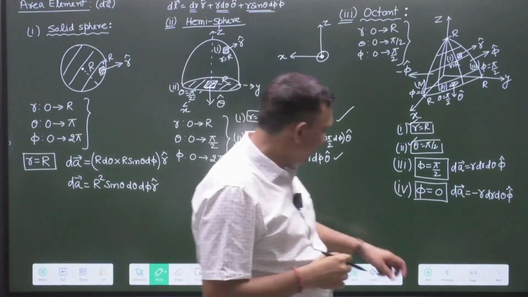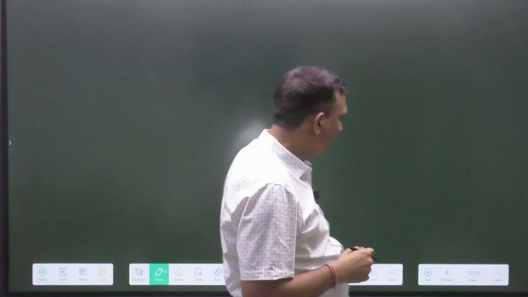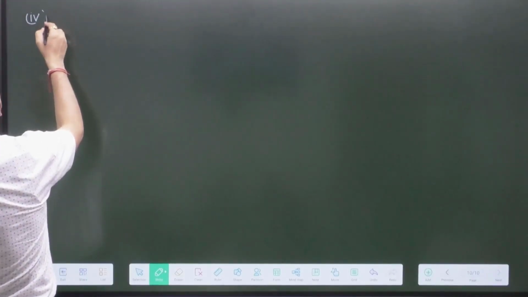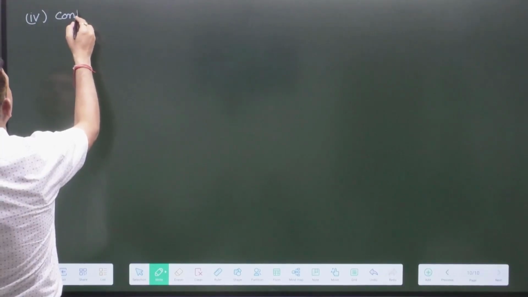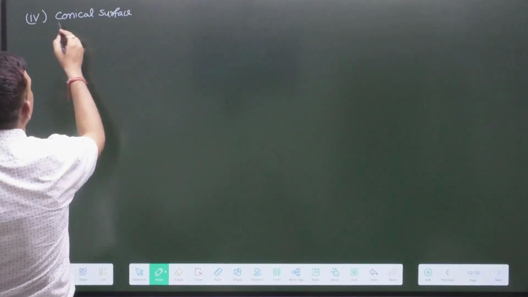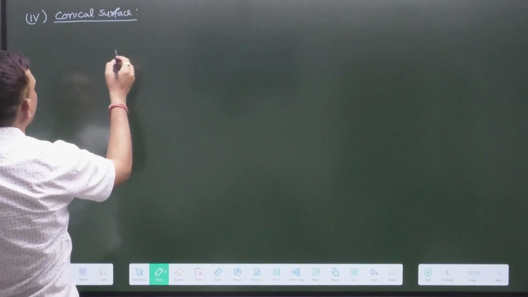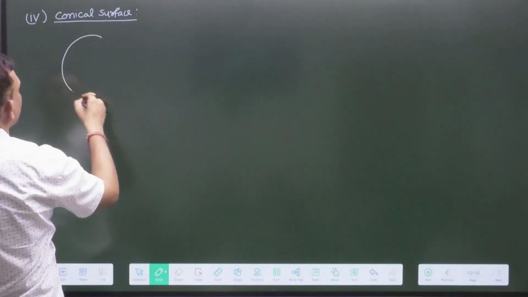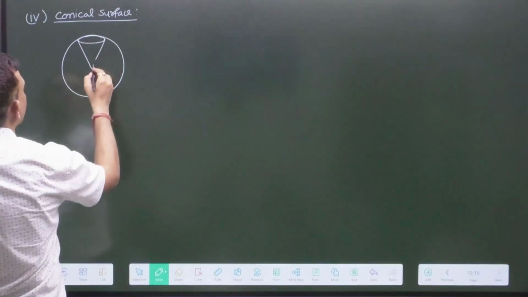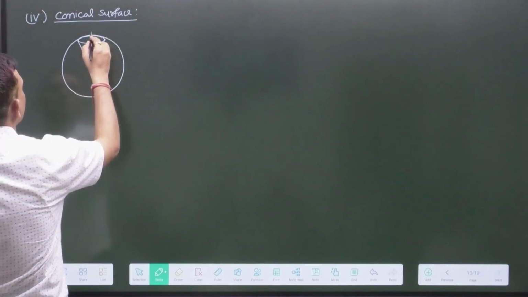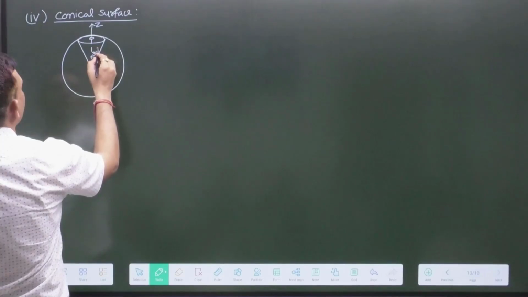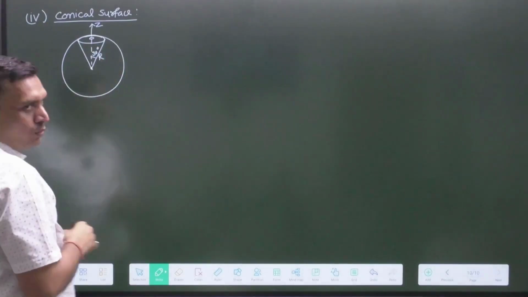Now one last case is a part of a sphere. Let's consider a cone. Consider a conical surface. And that cone is derived from a sphere. This is the z axis, and I am taking this angle to be 30 degrees. Let's draw this cone.